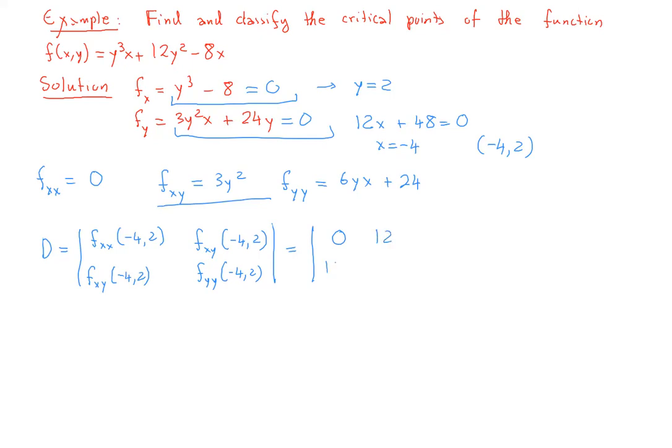So I have another 12 down here. It doesn't really matter what fyy is, since in the computation it's multiplied by 0. But let's find it: it's 12 times -4 plus 24, so -24. Like I said, it doesn't matter, because what we find here is -144, and this is less than 0.